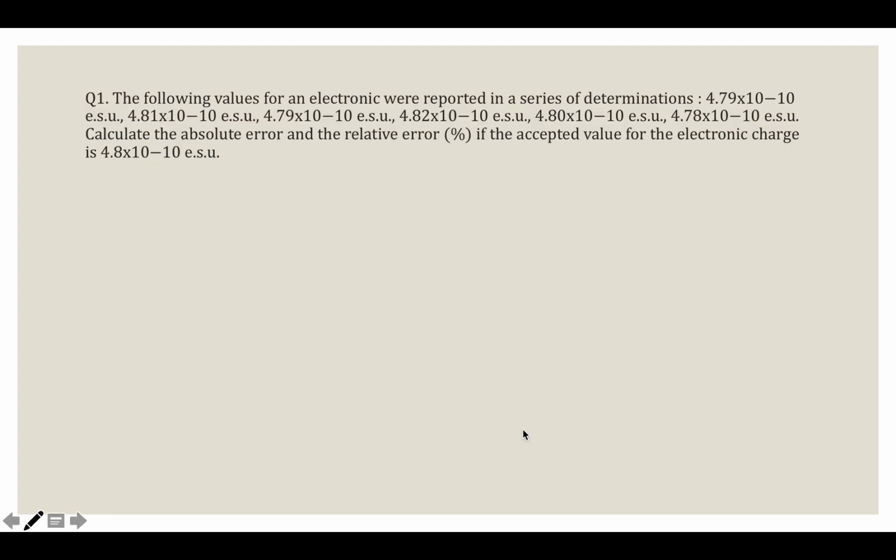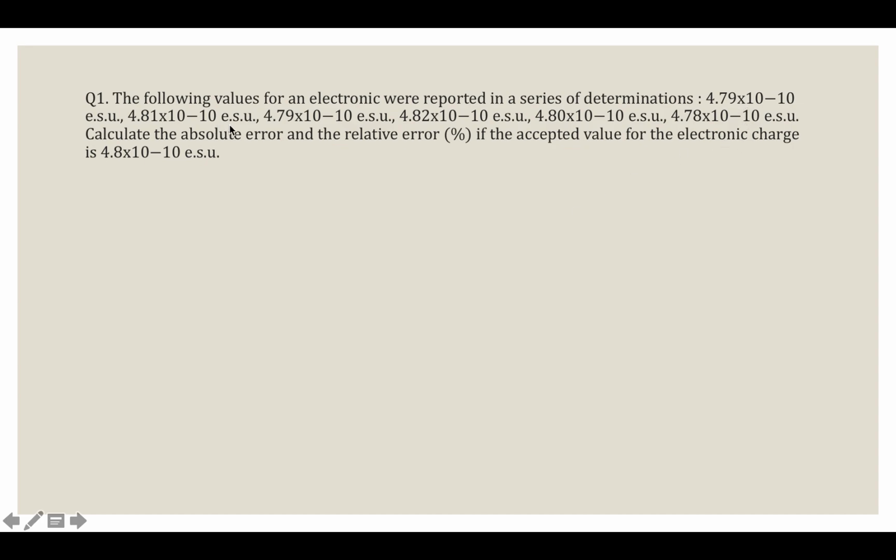Let's look into a numerical. In this numerical, you can see a set of electronic charge measurements are being made, and there are 6 measurements being reported of electronic charge. So it is 4.79 into 10 to the power of minus 10. All these are superscripts. Somehow it didn't come in the slides.